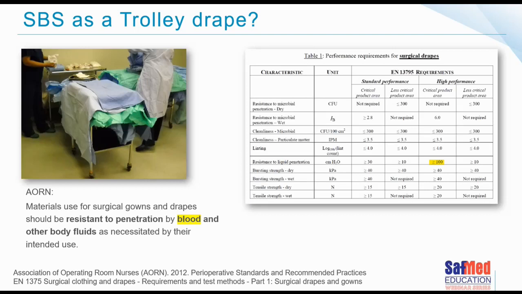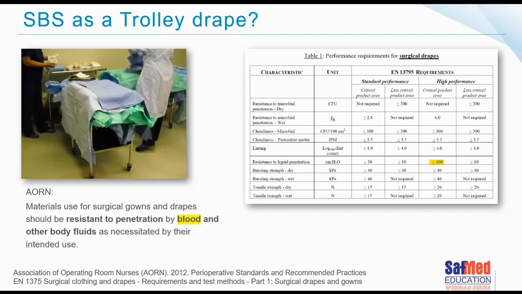The AORN states that materials used for surgical gowns and drapes, and remember the trolley is a drape, it is part of the sterile field, must be resistant to penetration by blood and other bodily fluids as necessitated by the intended use. For that very reason, there is a completely different standard that defines the requirements for surgical drapes and gowns.